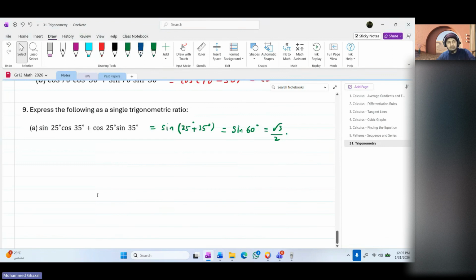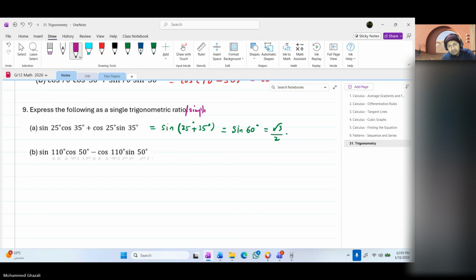Look at the next part. Same story here. Shouldn't be writing express the following as a single trigonometric ratio. No, single trigonometric ratio and simplify. Right? So sine, cos, sine. So starting with sine, ending with sine, there's cos in between.